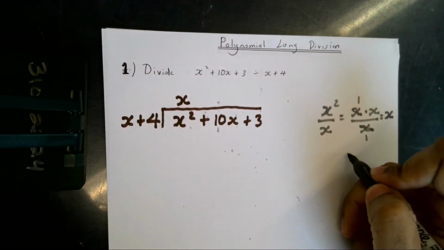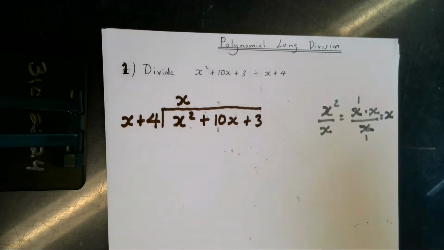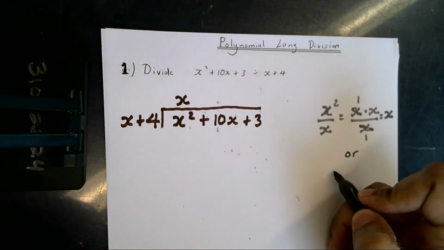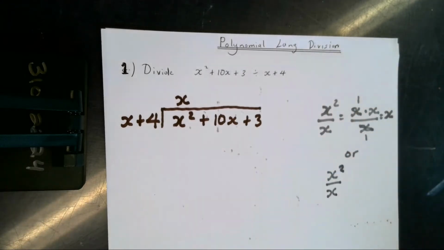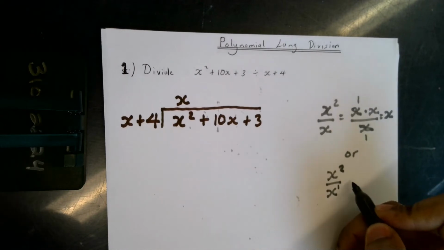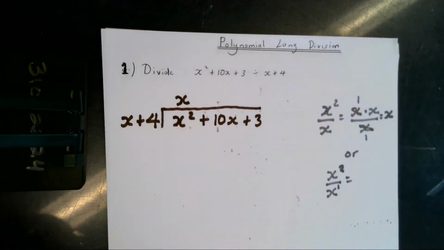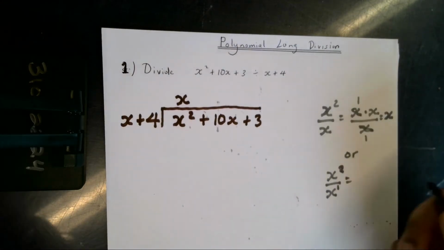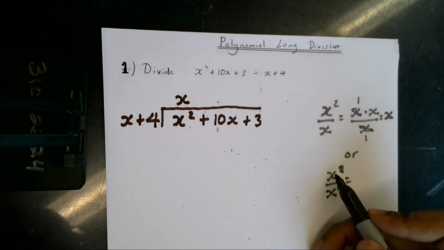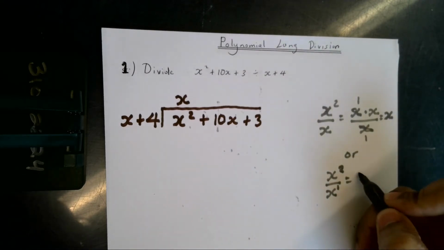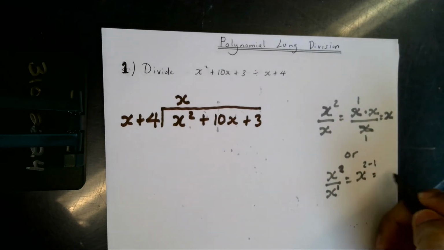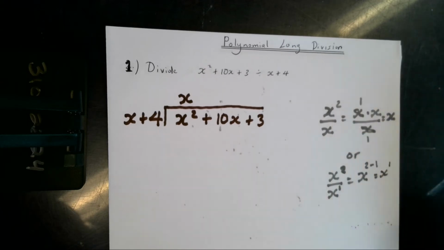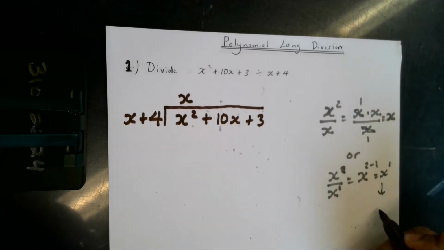Or you can say x to the 1. Last week we looked at the laws of exponents, and we learned that when we're dividing and the bases are the same, you keep the base and subtract the exponents, and you would get x to the 1, which is the same as x.